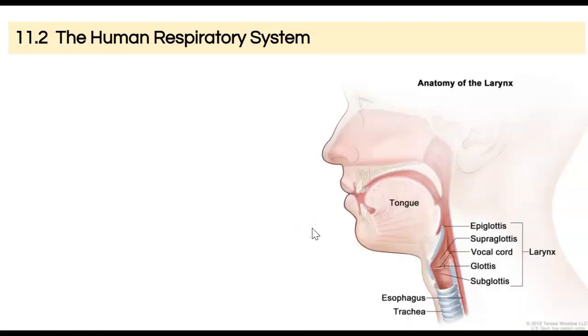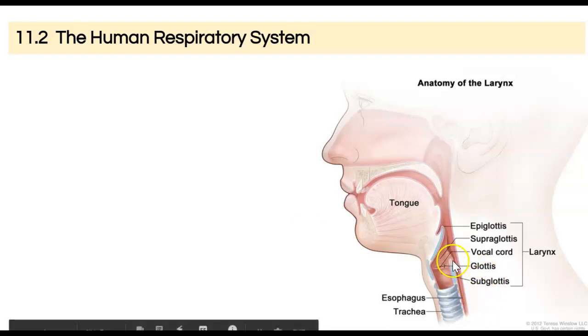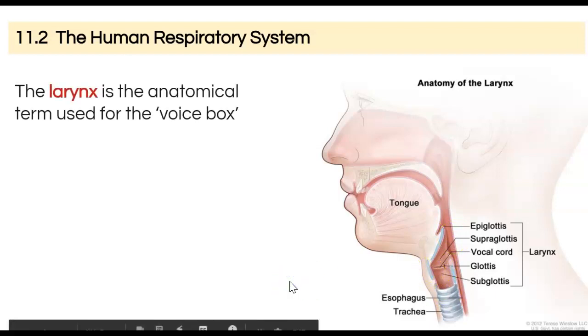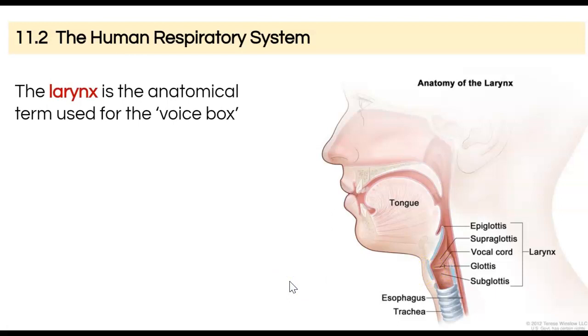Okay, so now let's expand a little bit on the larynx, which is where we're going next. We identified the larynx as being proximal to the laryngopharynx. The larynx, hopefully you thought about it as being the voice box.